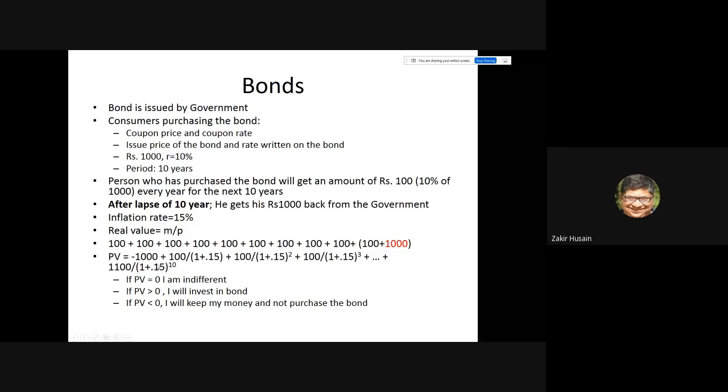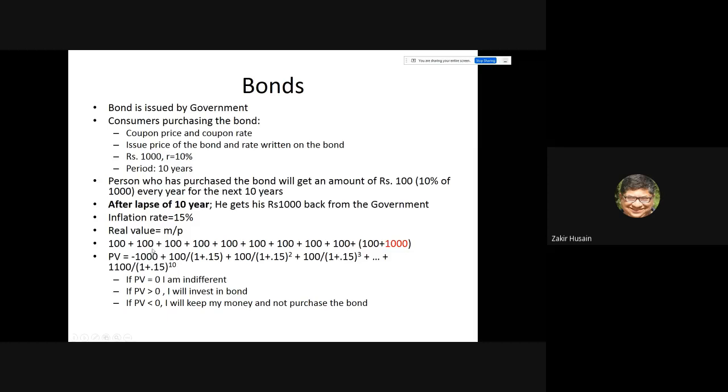Okay. If the present value is 0, you're indifferent between holding the money or investing in the bond. If the present value is positive, you will invest in the bond. If the present value is negative, you will hold the money and not purchase the bond. So this is how much you're paying.